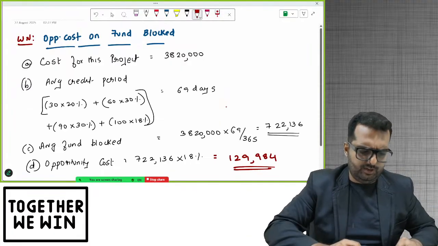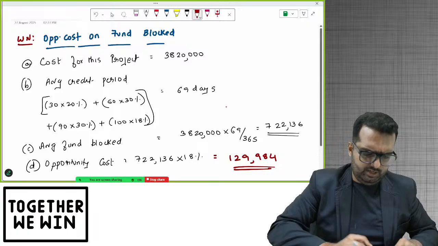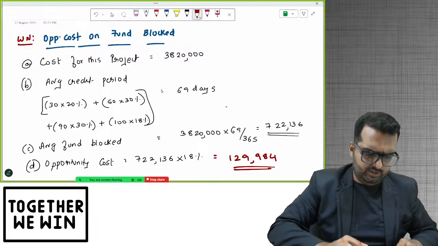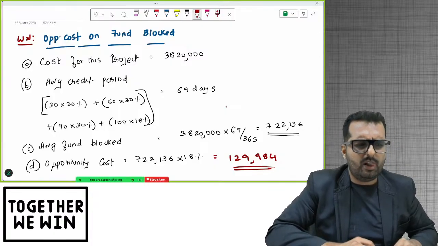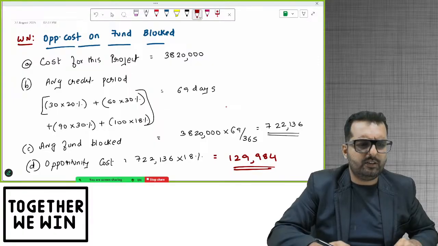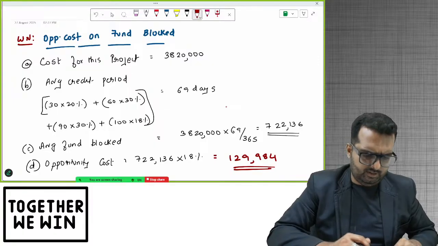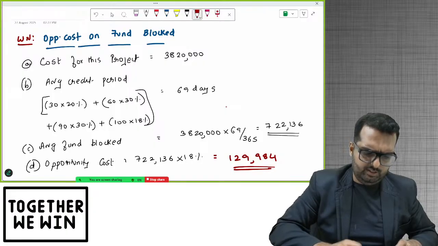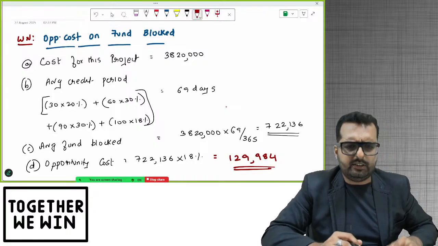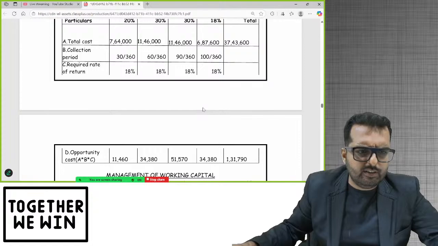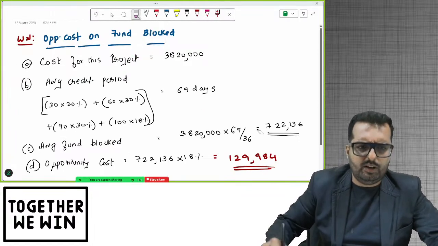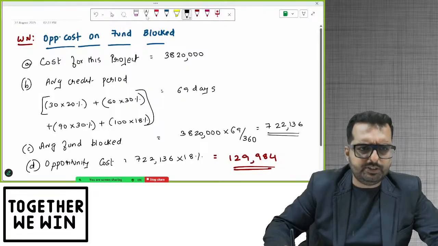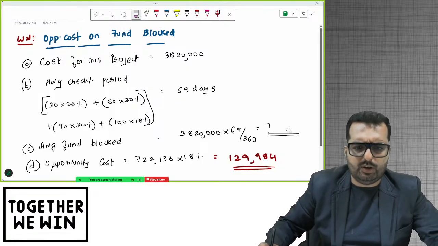Let me check once again. 30 into 20%, 60 into 30%, 90 days into 30%, and 100 days into 18%. That is 69 days again. Have they taken 365 days or 360 days? They have taken 360 days. Okay, that is where the difference has come. So let me change it to 360 and let me check what answer I get over here now.